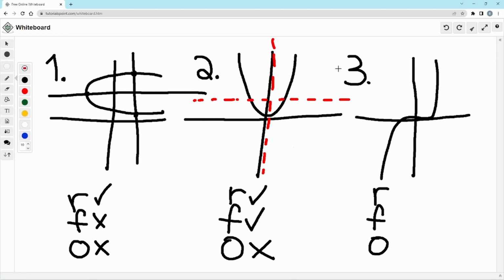Alright, so let's see, does it pass the vertical line test? It does pass the vertical line test. And does it pass the horizontal line test? Yes, it also passes the horizontal line test, meaning that this graph is a relation, function, and a one-to-one function. Good job. Now we're going to go a little bit more in depth about these topics.